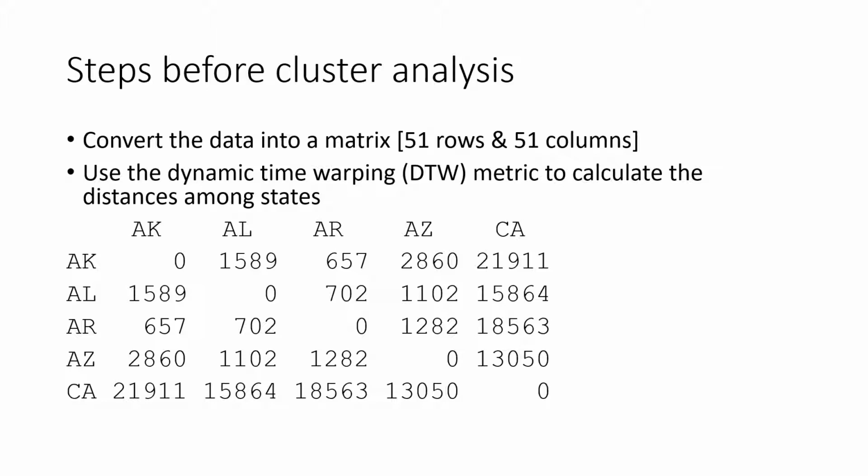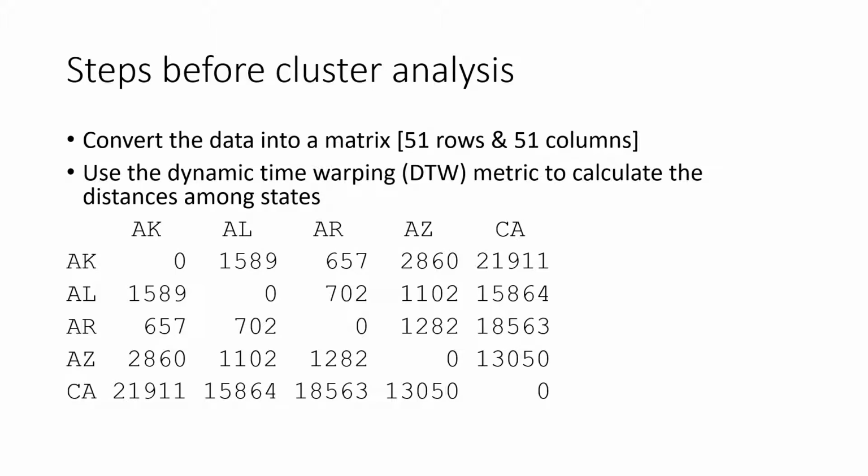The dynamic time warping metric is used because it provides a more accurate calculation of distance among different states than the traditional Euclidean method. I will do a comparison between the dynamic time warping metric and the Euclidean method in another video.